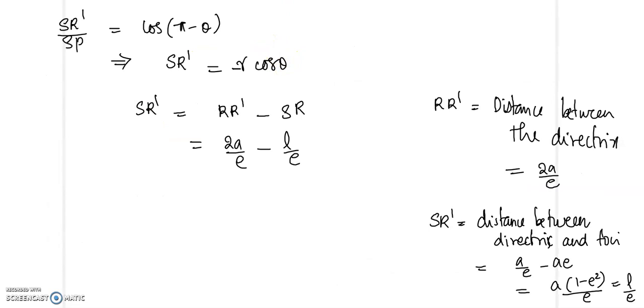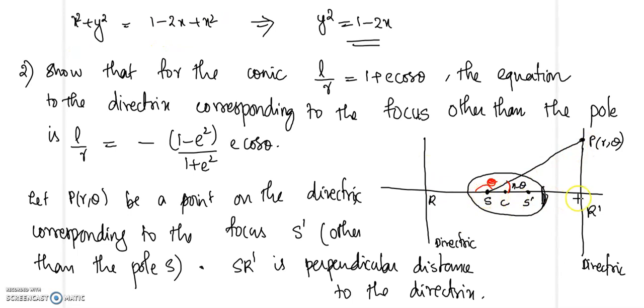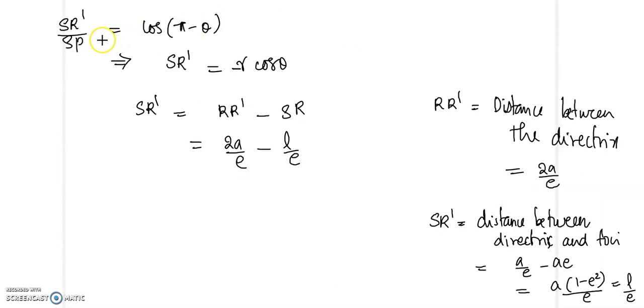Now from the triangle we have seen, take this triangle P S R dash. From this triangle, cos of pi minus theta will be adjacent side by hypotenuse. The adjacent side here is S R dash. So cos of pi minus theta will be S R dash by S P. Now S P is r. We do not know what the value of S R dash is. Okay, so S R dash by S P will be cos of pi minus theta. Now we know that S P is r.